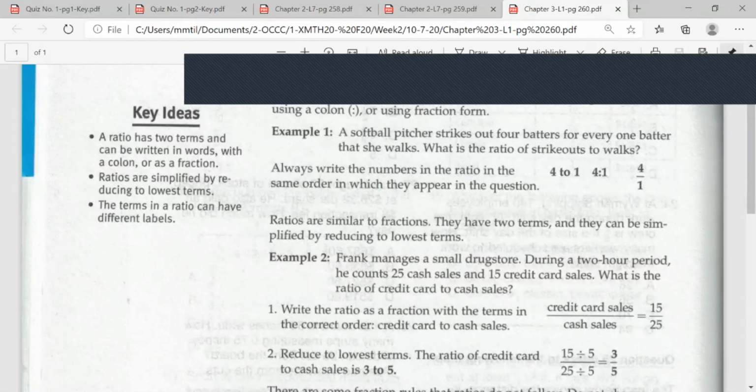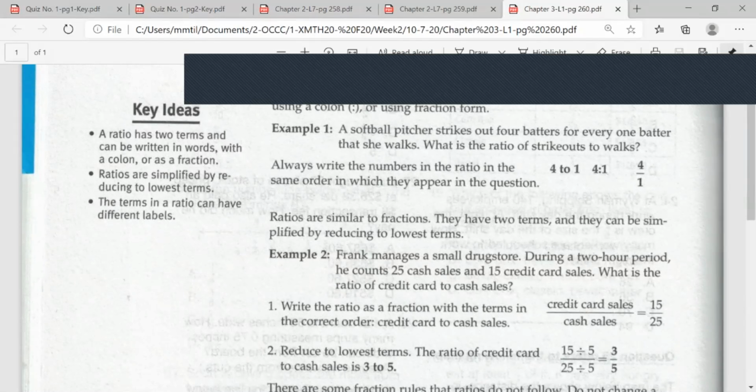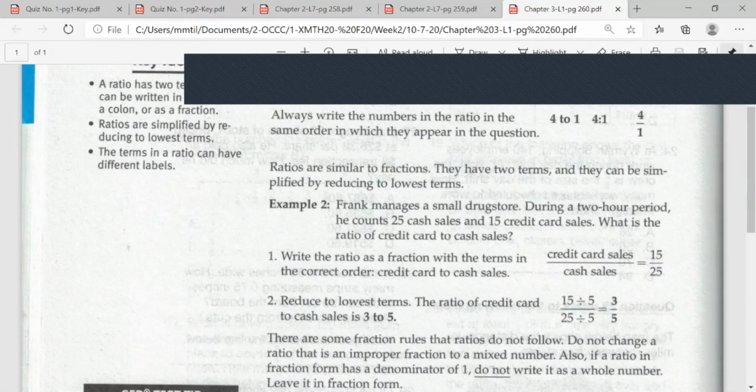You look at the 15 and the 25, you can always divide by 5 if you have a 5 on the end. So 15 divided by 5 is 3, 25 divided by 5 is 5. So the ratio is 3-5, 3:5, or 3/5. Questions on that?